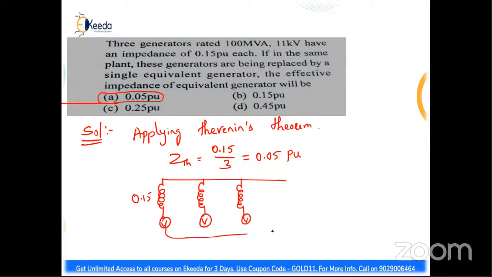So applying Thevenin's theorem, the impedance ZTH is equal to 0.15 divided by 3. So 0.15 for all the 3 generators, 0.15, 0.15. So 0.15 by 3 is equal to 0.05. The effective impedance of the equivalent generator will be 0.05 pu. Okay.